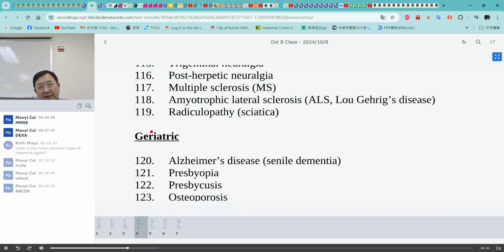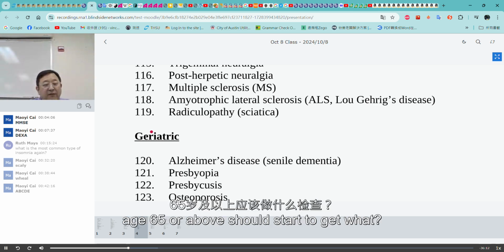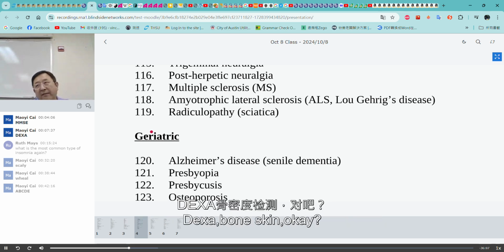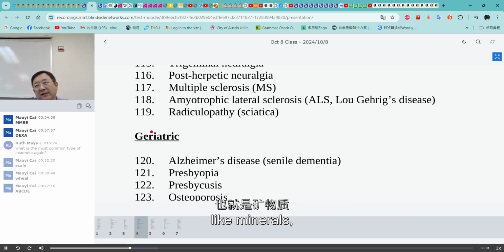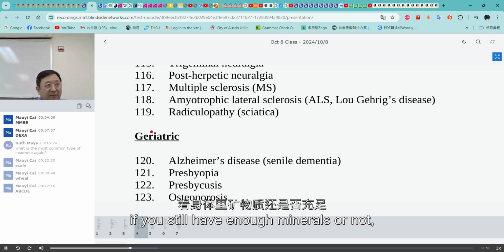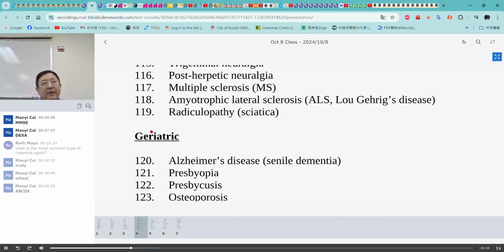Now, routinely, the medical standard is that a woman age 65 or above should start to get a DEXA bone scan, okay? To see the bone mineral content or bone density, whether you still have enough minerals or not, which is for osteoporosis diagnosis, okay?